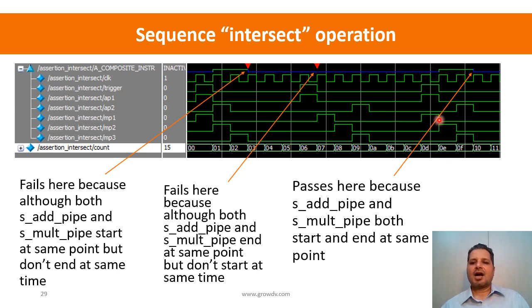Hence both the start point as well as end points are taking place in the same sampling event for this particular property. Start point is at the count of D, and the end point is at the count of hex 10, and hence this intersect property has passed, and this is the duration during which it was active.